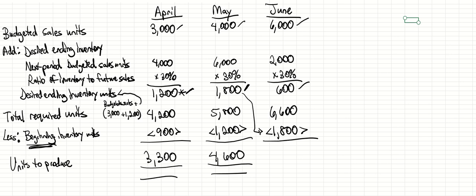And that's going to give us 4,800. Okay, so the units that are estimated to be produced within the production budget for April is 3,300. For May, 4,600. For June, 4,800.